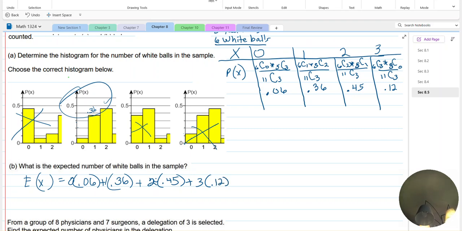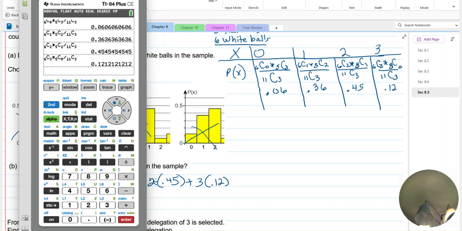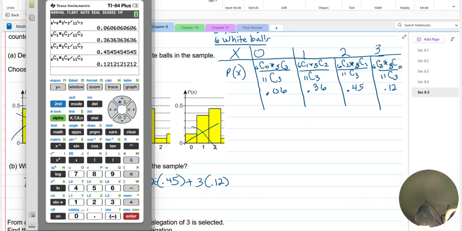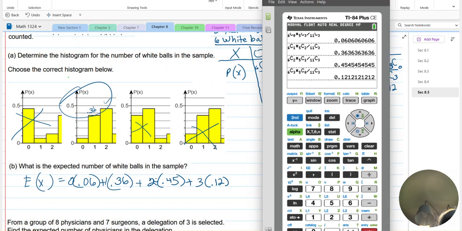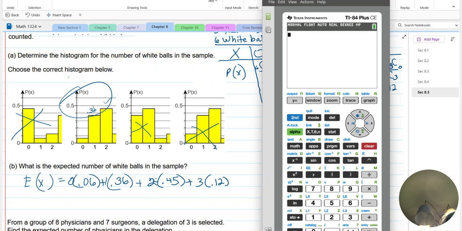Oh, sorry about that. And now we'll do the math on the calculator. That's 0. So I'm going to have the 1 times the 0.36 plus 2 times the 0.45 plus 3 times the 0.12. Our expected value is 1.62.